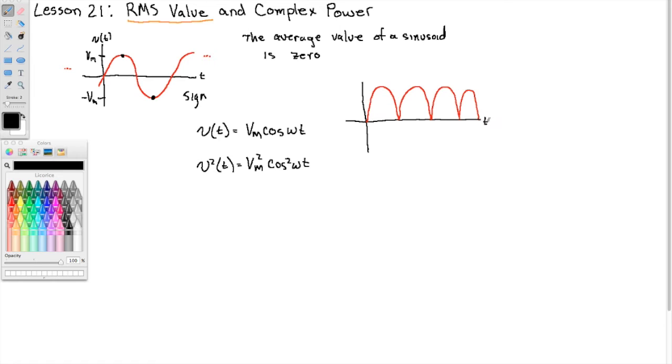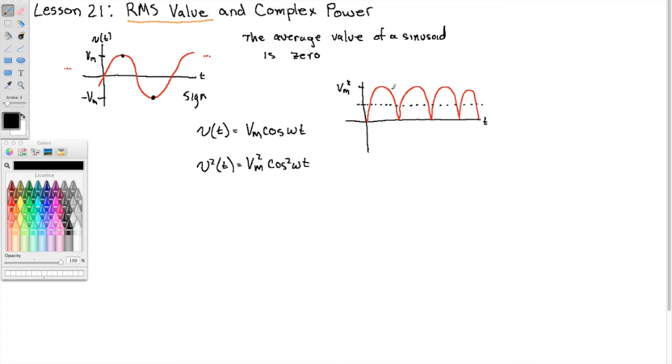And this amplitude of course is Vm squared, but we've gotten rid of all of the negatives. And so now we can take the average of this thing. We don't have to worry about the negatives canceling with the positives.